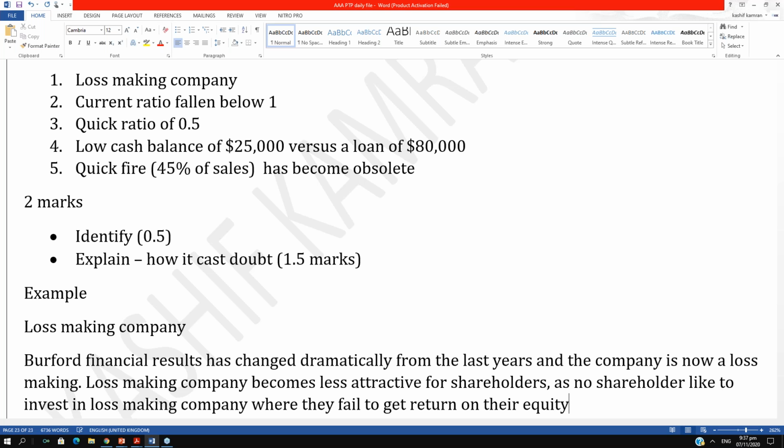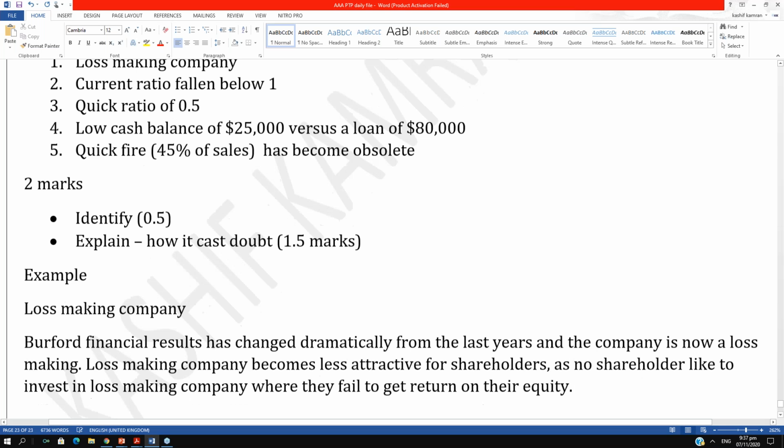So will the shareholders be happy? Will they keep their investments in Burford? Will they think about selling their investments in Burford? So do you believe that can be a consequence when a company becomes loss making? So a loss making company becomes less attractive, right? So, no shareholders would like to invest in a loss making company where they fail to get a return on their equity. Full stop.